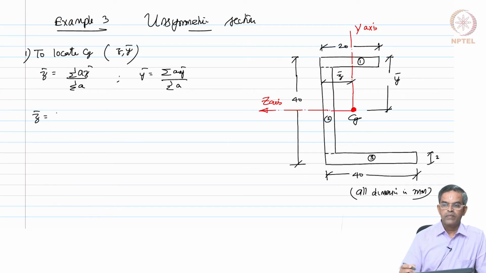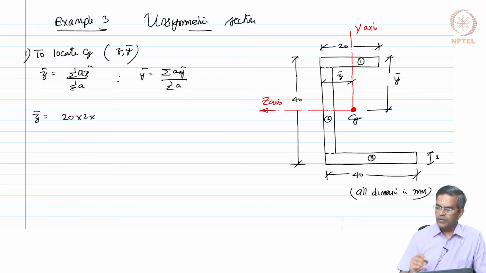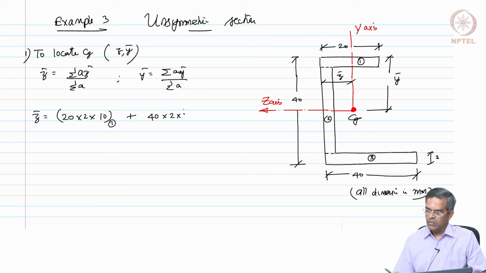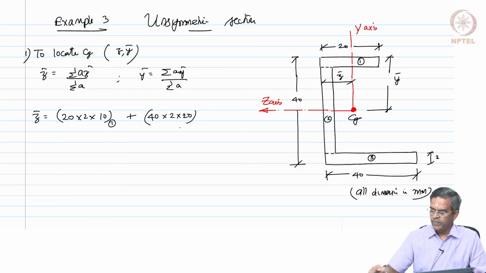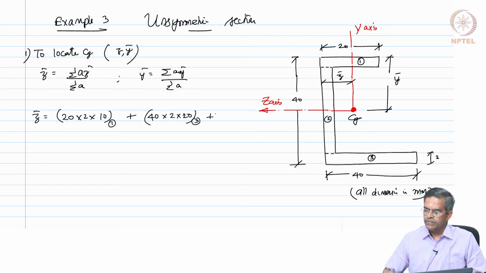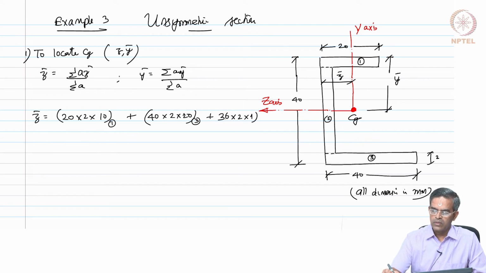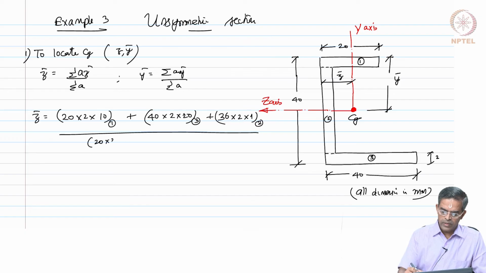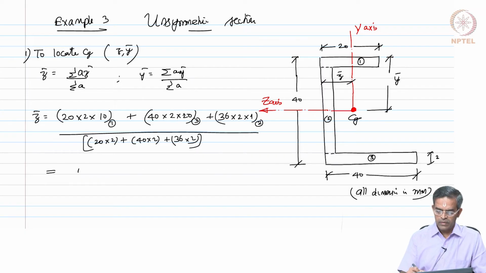Okay. So, let us work out z bar. 20 into 2 into 10, plus, this is for piece number 1, 40 into 2 into 20, this is for piece number 3, plus 36 into 2 into 1, piece number 2, divided by 20 into 2 plus 40 into 2 plus 36 into 2, which will give me z bar as 10.8 mm.